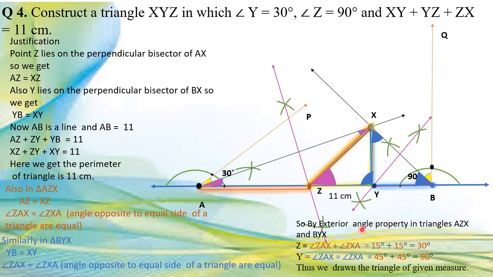So in this way we have proved this angle Z is 30 degree as well as this angle Y is 90 degree. So the construction which we have done here is exactly for the given problem. So in this way we have to justify, and we can construct the triangle when the perimeter of the triangle is given.